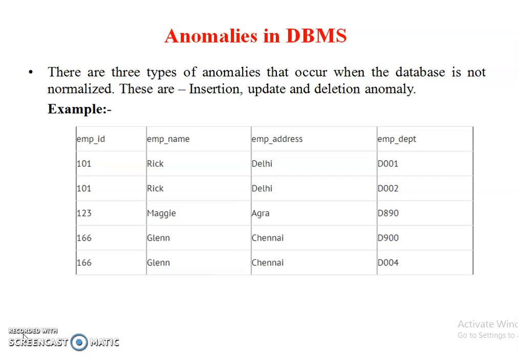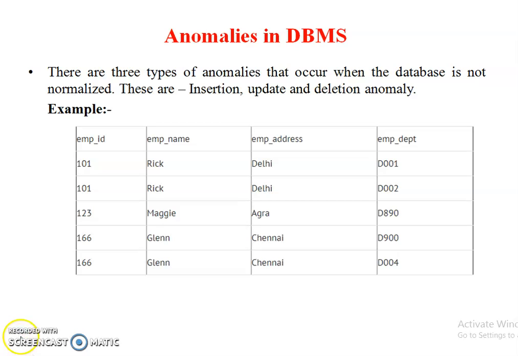If we want to update the address of Rick, then we have to update the same in two rows or the data will become inconsistent. If somehow the correct address gets updated in one department but not in the other, then as per the database, Rick would have two different addresses, which is not correct and will lead to inconsistent data.